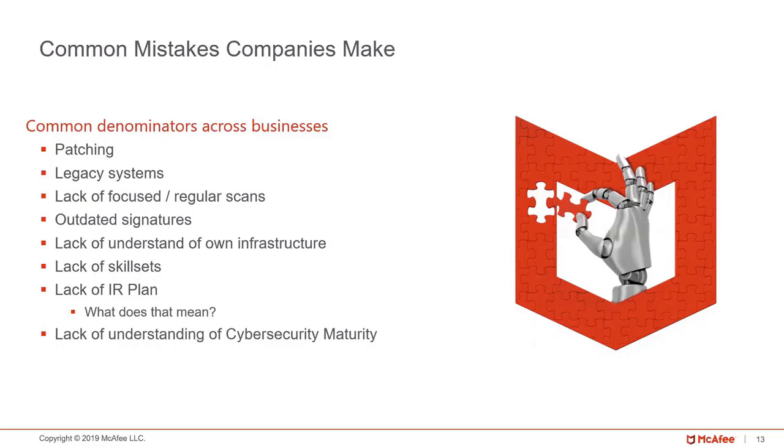Lack of focused or regular scans. There's some companies that have decided not to scan their computers. Simple scans of the systems provide you with a level of protection. So still keeping full scans as part of your response efforts, or even a proactive means of keeping your systems clean, should be considered.